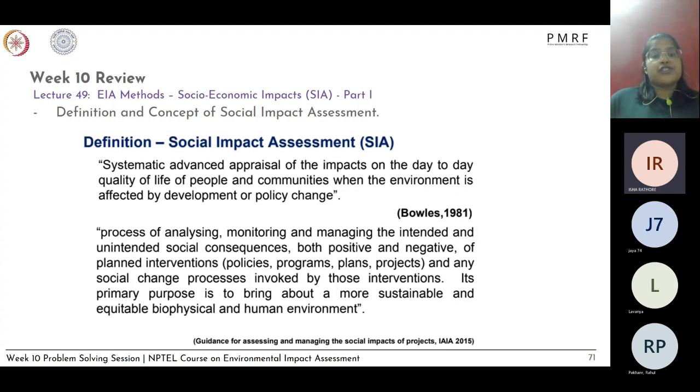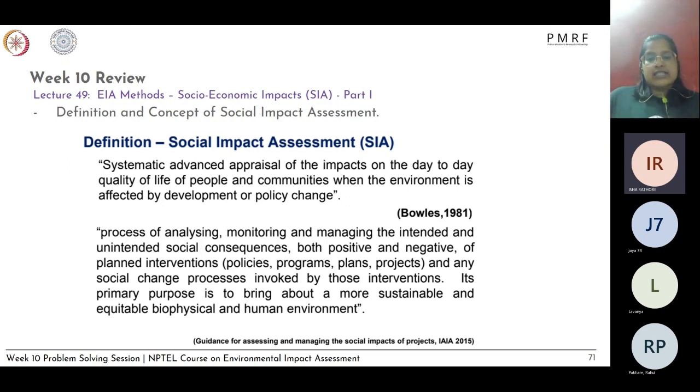We have more definitions of SIA. It's also defined as systematic advanced appraisal of the impacts on the day-to-day quality of life of people and communities when the environment is affected by development or policy change.